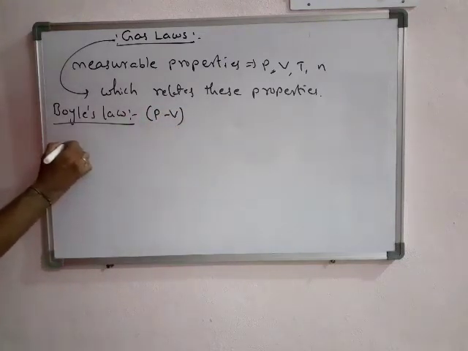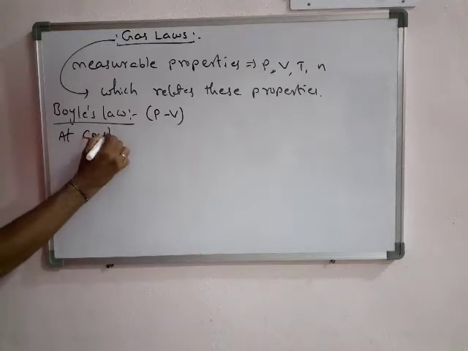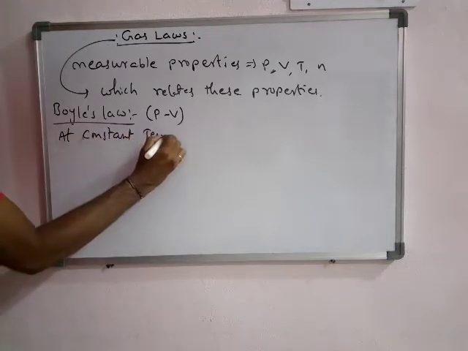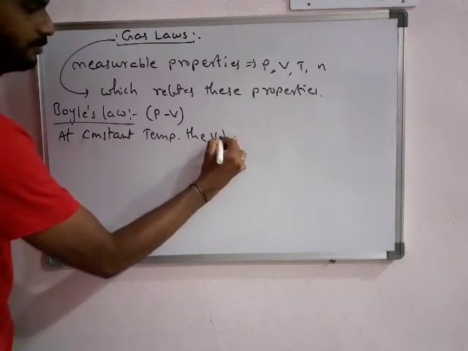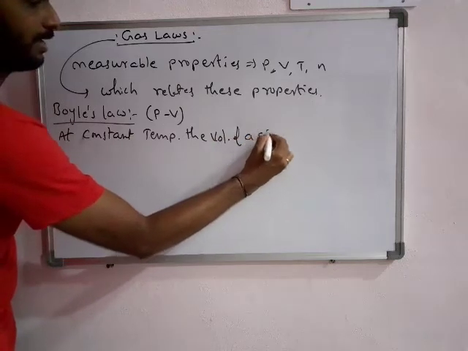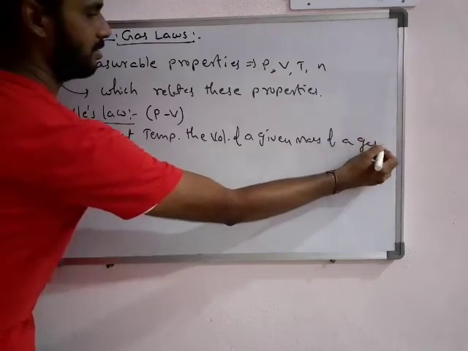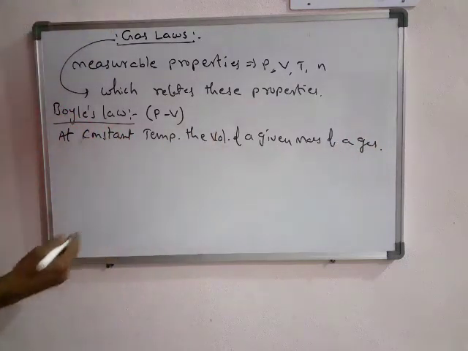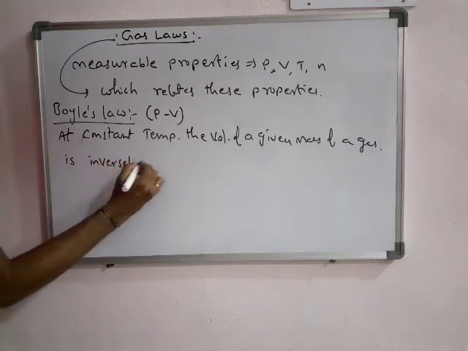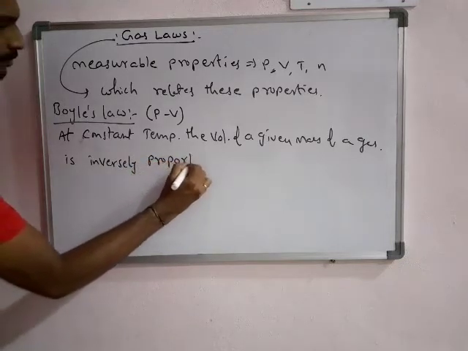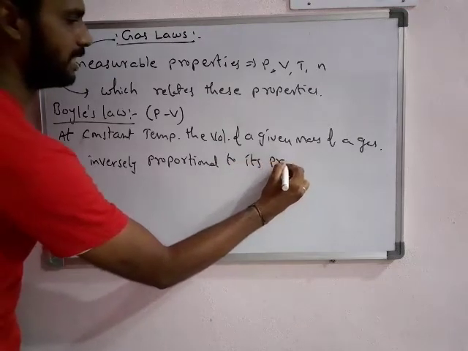So according to this law, at constant temperature, the volume of a given, fixed mass of a gas is inversely proportional to its pressure.